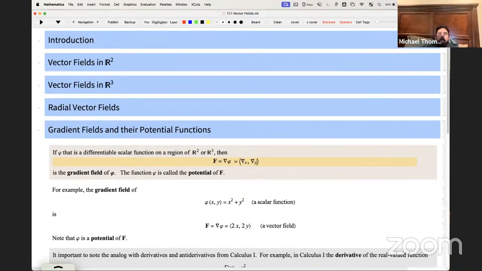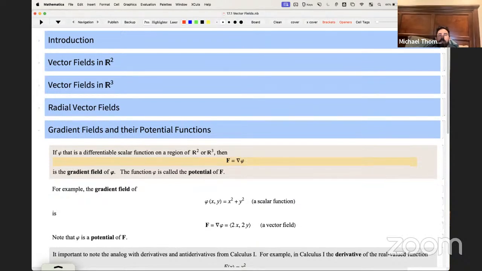For 2 dimensions, it would be that one. And for 3 dimensions, it would be that one. But you'll notice that what you get out is a vector, and that's a vector valued function.